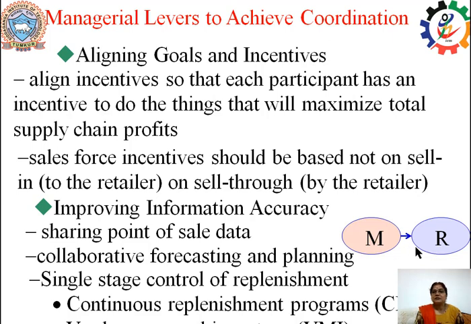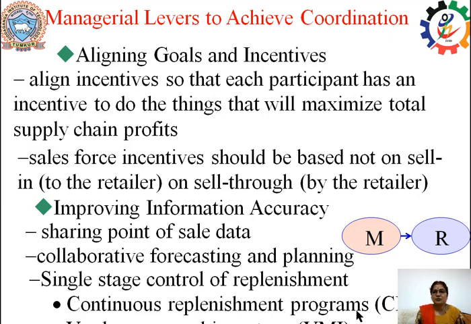Rather than placing the order every time with all those formalities, suppose they enter into a treaty so that every time the manufacturer will decide when to replenish and how much to replenish, so that there won't be any stockouts at the retailer. Then it is called continuous replenishment program, as well as vendor managed inventory.